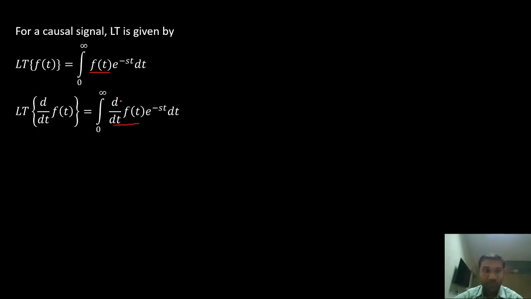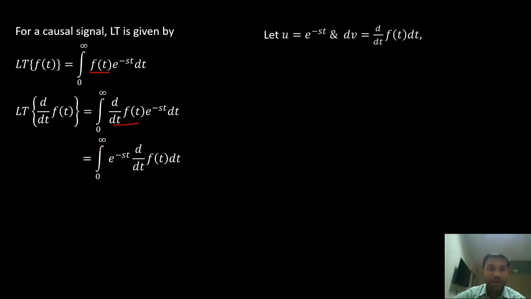Now this is nothing but e power minus st d by dt of f of t. This is in the form of u dv form. This is my u and this is my dv.